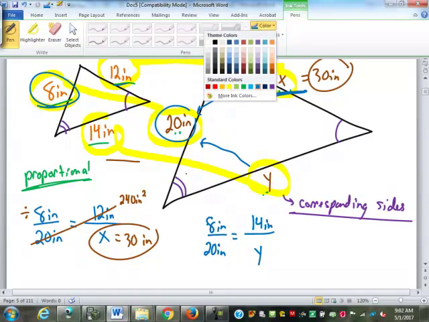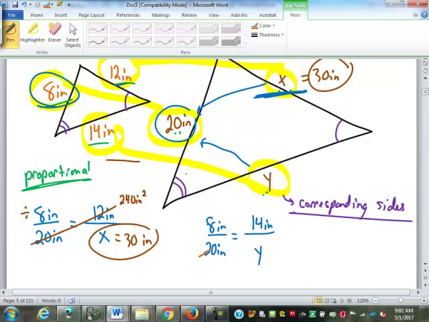So again, we will cross multiply and divide. 20 times 14 is 280. Inches times inches is inches squared. Divided by 8. It's going to be 35 square inches. So y is 35 inches squared.